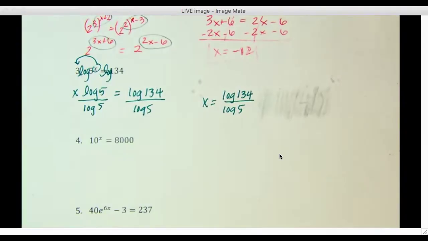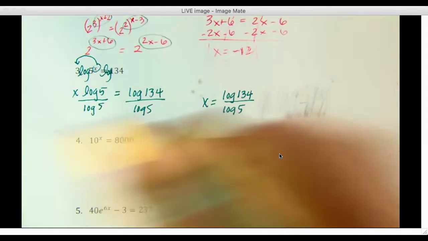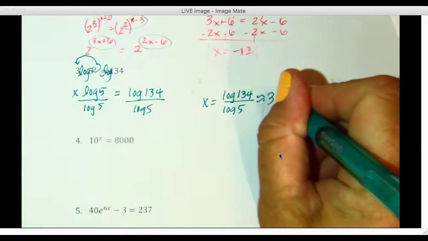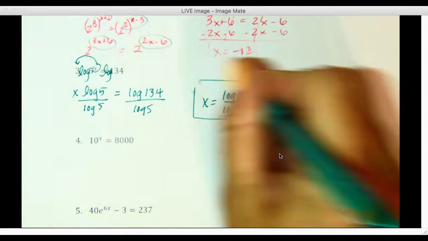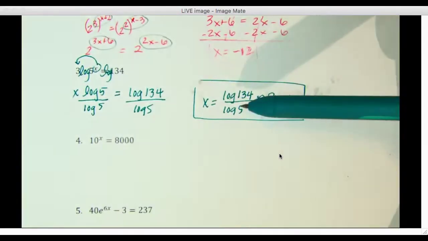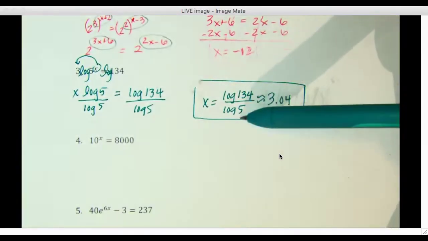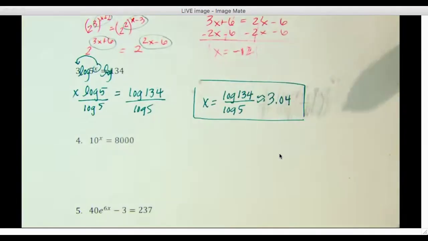So typing that into my calculator, I have log of 134 over log of 5, and I get approximately 3.04. So on a quiz or a test, I would want to see this exact answer here, and then I'd also want to see this decimal approximation.